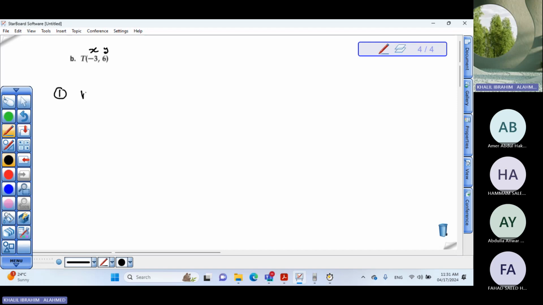How to find r? r equals the square root of x squared plus y squared.